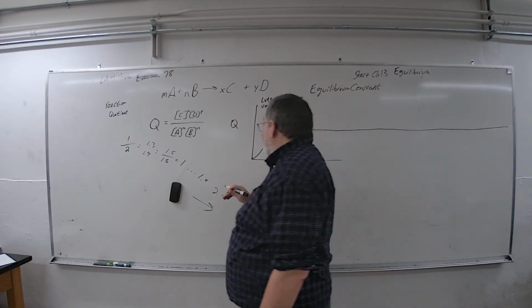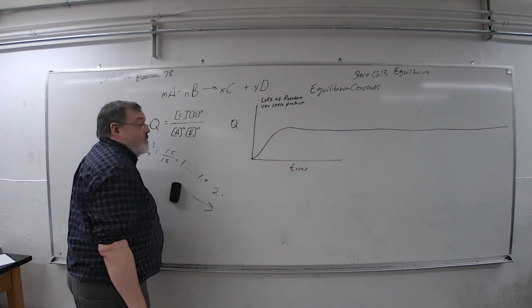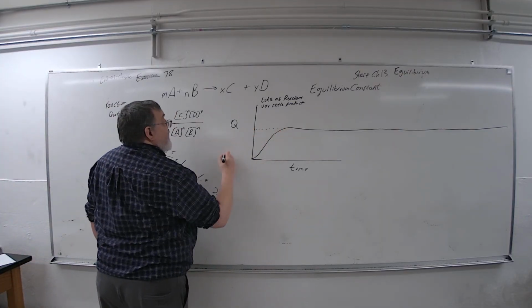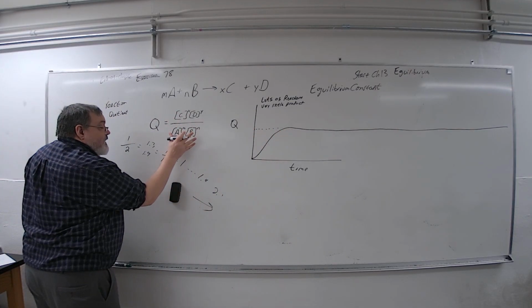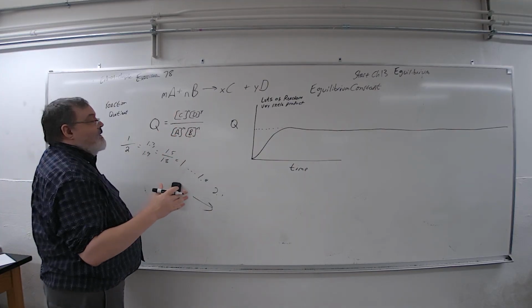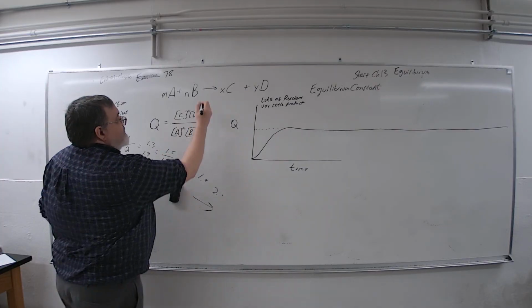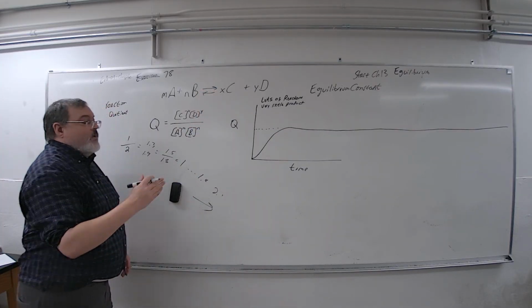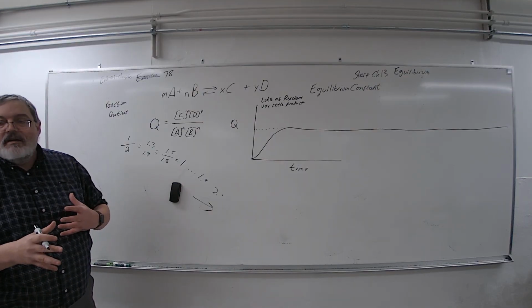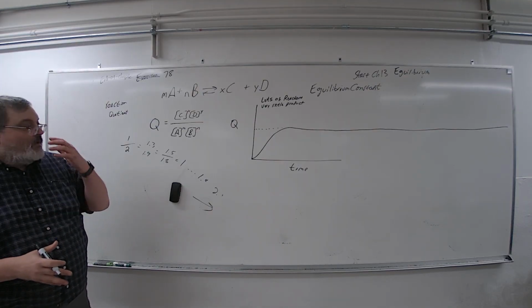The reason this levels out and then just goes forever, pretend that's a straight line, is because at a certain concentration of products and a certain concentration of reactants, it does stop. It does reach a point where the forward reaction and the backward reaction are the same, so then they stay static. And that's the equilibrium point.